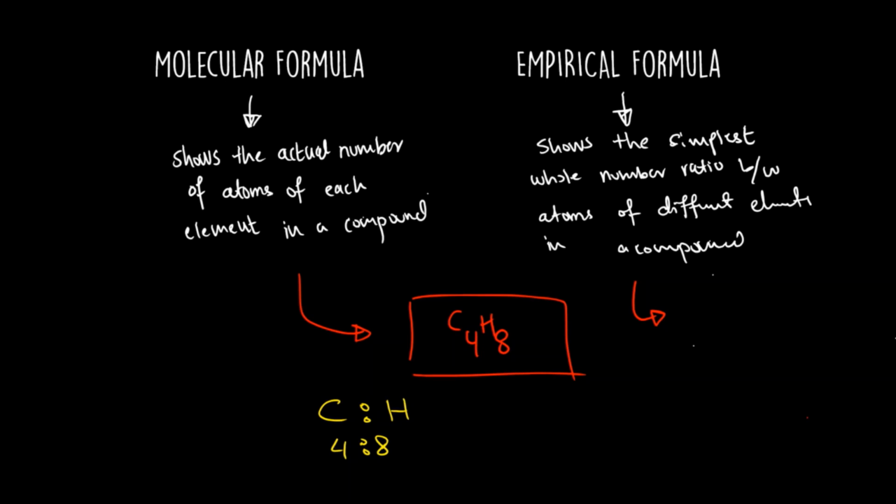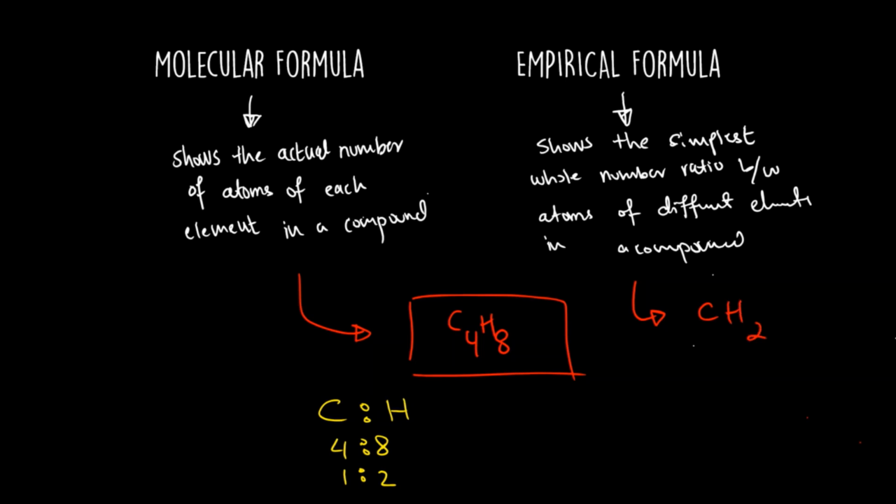And how can you do that? By finding out the largest integer with which both the numbers of atoms of different elements are divisible. In this case, it is 4. So I can simplify this ratio as 1:2, can't I? Well, there you go. That is your empirical formula. This is going to be CH2.